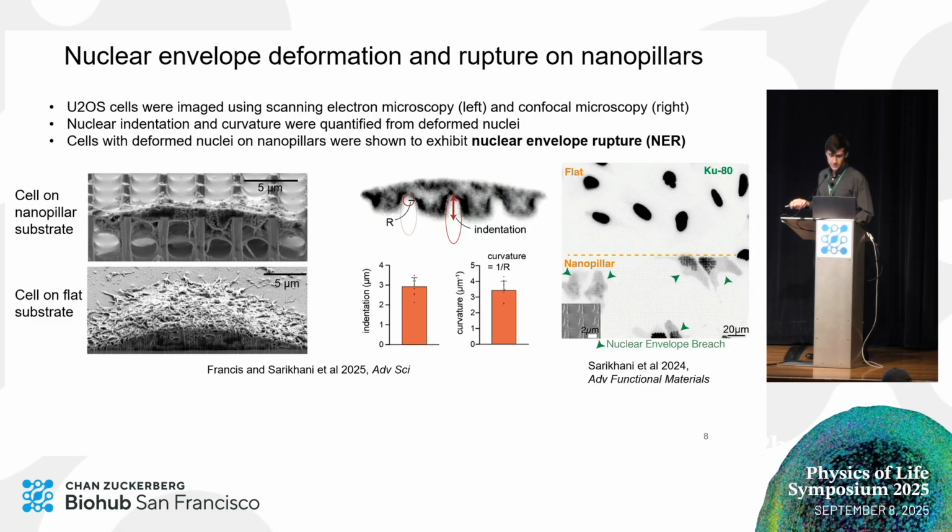And even more astonishingly, they found that cells with deformed nuclei on the nanopillars tended to exhibit nuclear envelope rupture, which you can see evidenced here by Ku80, which is normally confined to the nucleus in cells on a flat substrate, moving into the cytosol of the cells on the nanopillars. So the nanopillars are actually rupturing the nuclei of these cells.